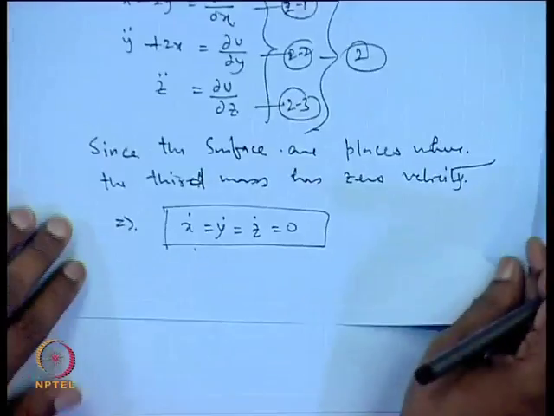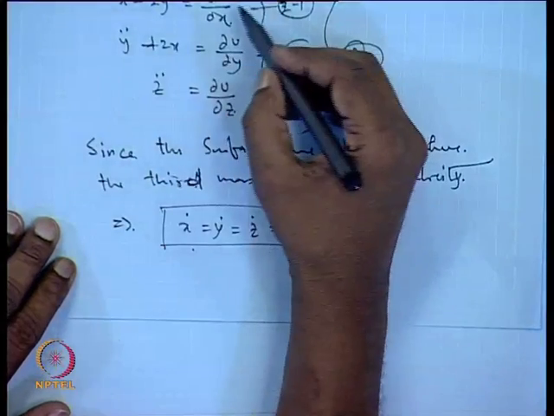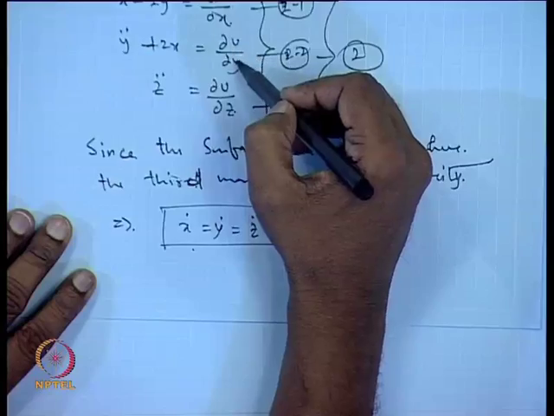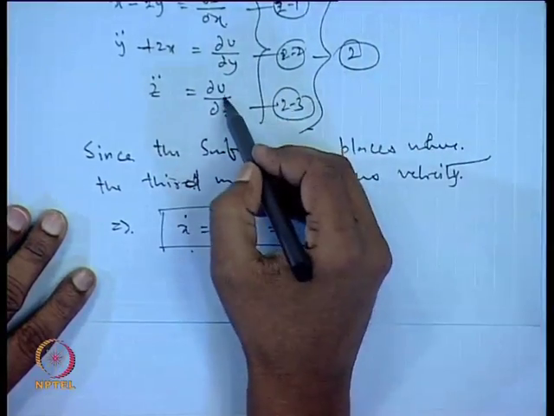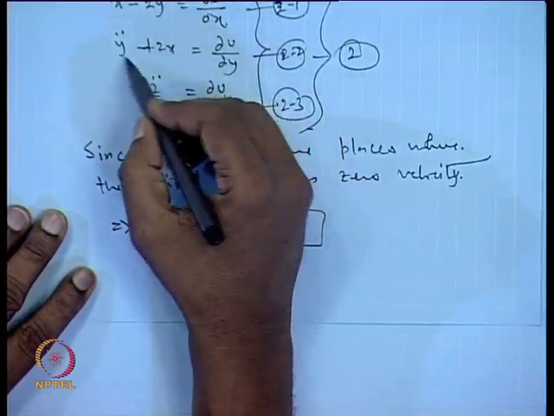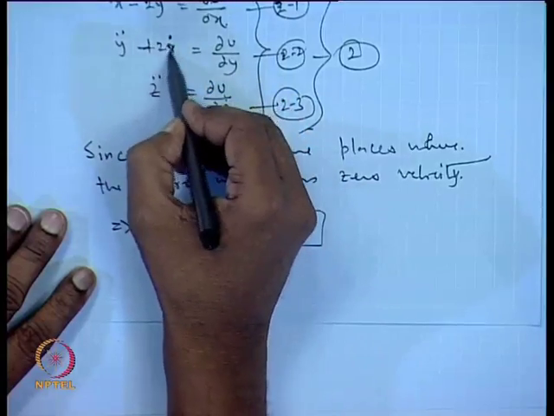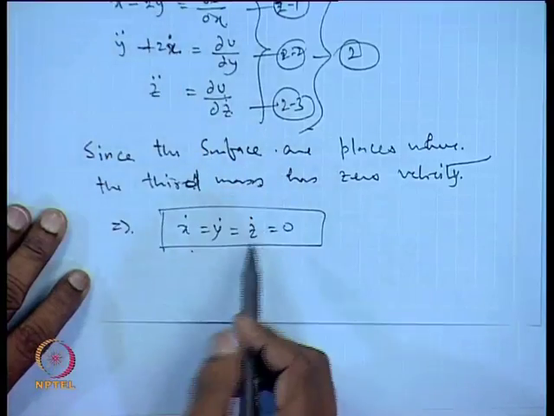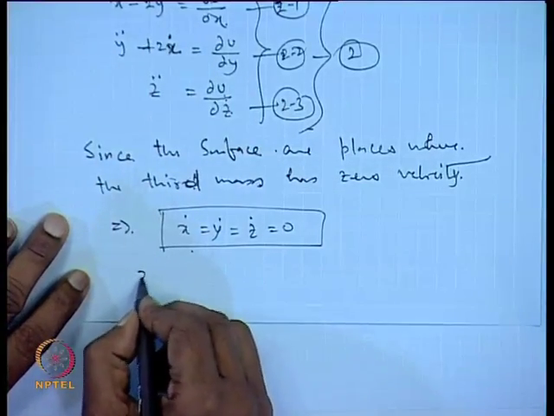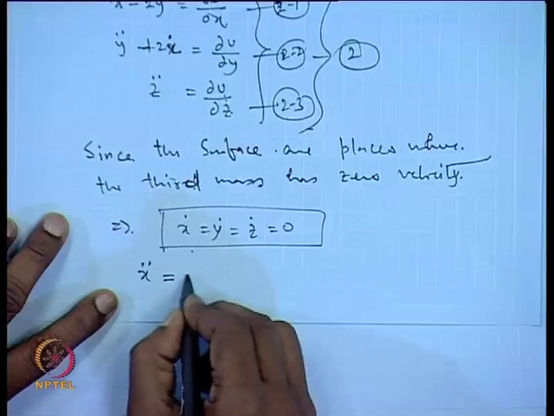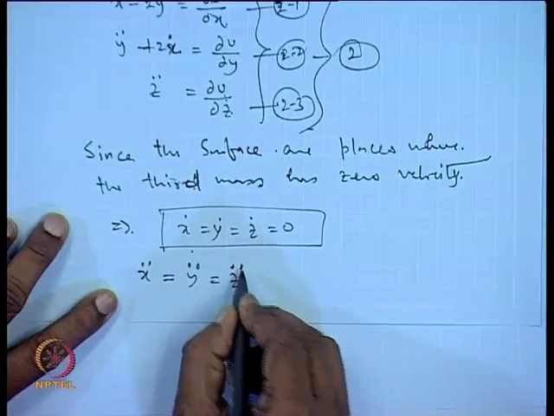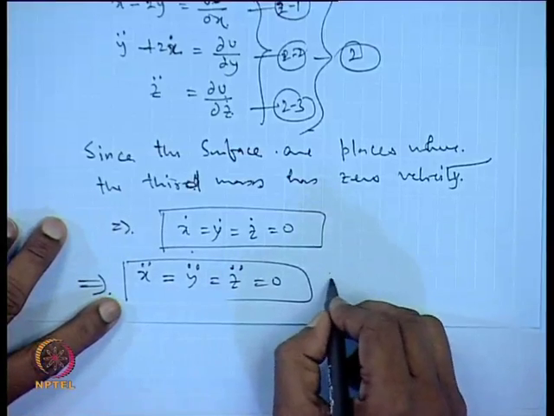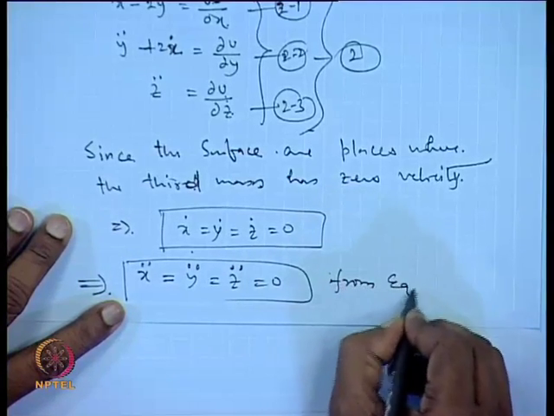So, from these equations, if we put in the double points, we see that dou u by dou x, dou u by dou y, dou u by dou z are equal to 0, and from here we get that this is 2 x dot. Okay. So, if we insert the values y dot and x dot equal to 0, similarly we get x double dot, y double dot and z double dot equal to 0. So, this is from equation 2.